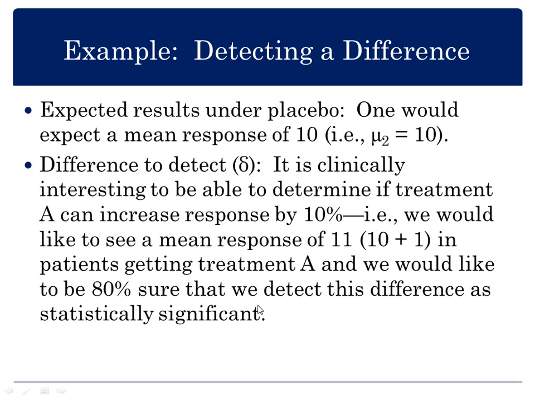So how many subjects do I need to be 80% sure that I can detect this difference as statistically significant, or that if I have a difference of 1, as we've shown here, that my p-value will be smaller than 0.05 with 80% certainty? Does that make sense? That's all you're doing.